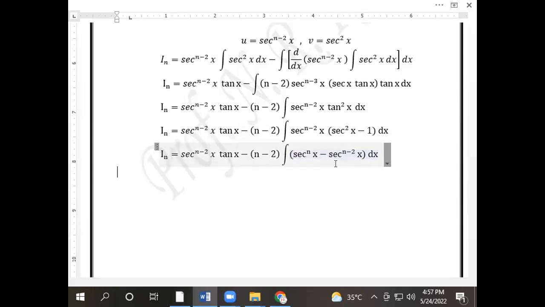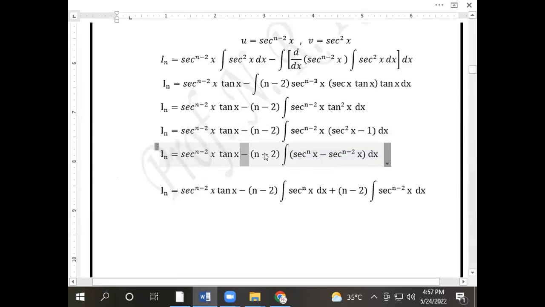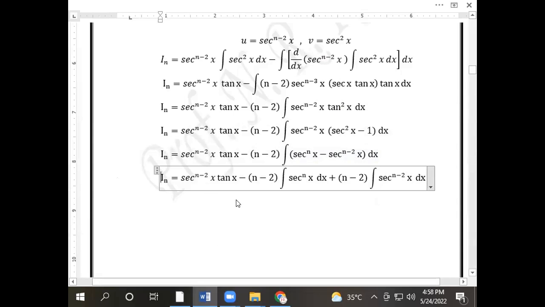So I n becomes this: the minus sign of n minus 2 multiplied to sec raised to n, and again this minus sign of n minus 2 multiplied to the minus of sec raised to n minus 2 becomes positive. When we observe, this is nothing but my I n, and this is nothing but my I of n minus 2, which gets multiplied by n minus 2.